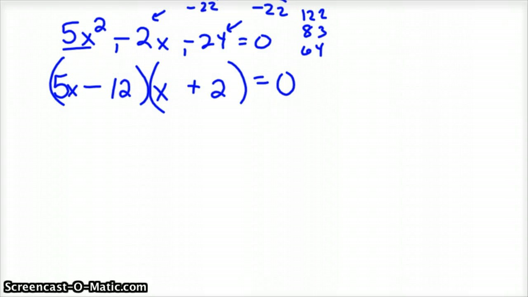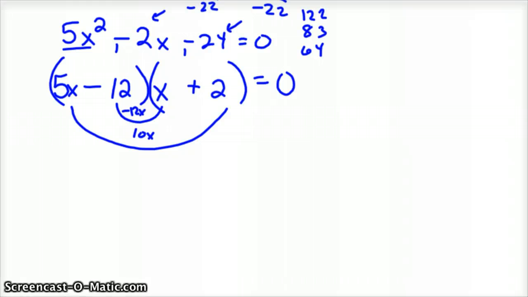And if you check that, you could FOIL it all the way back through to check it, but all you need to do is check the middle 2 and the outside 2. And that's negative 12x and 10x, which is negative 2x. So we know this checks out, kind of using FOIL with just the O and the I. So next step then is to set both of those to 0, since we know we factored it right. So 5x minus 12 equals 0, and x plus 2 equals 0.